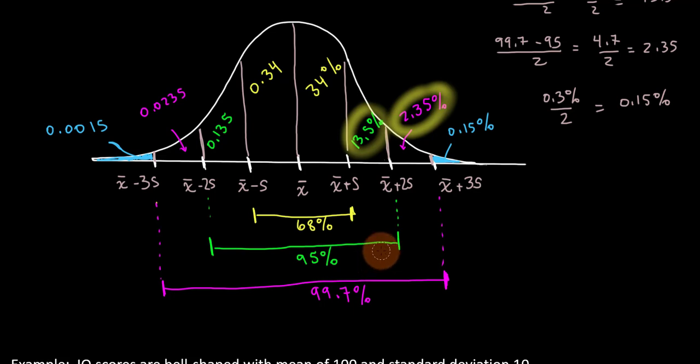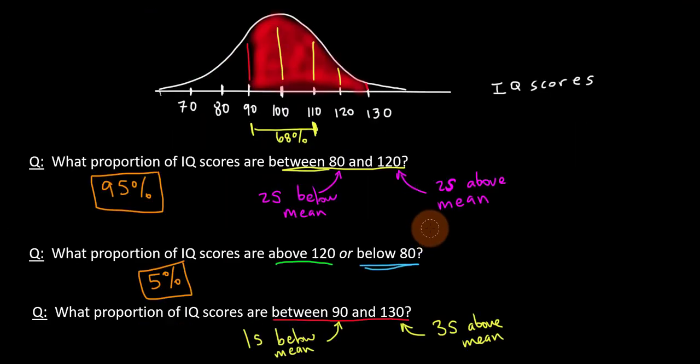I'm going to add those numbers to the 68%. Here I go. So that's the 68% plus 13.5 and 2.35. Adding all of those together should get you to the solution of 83.85%.